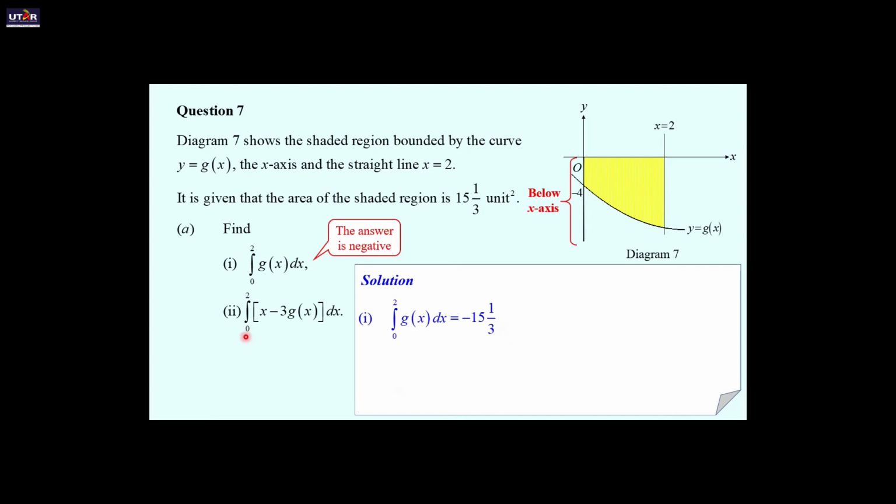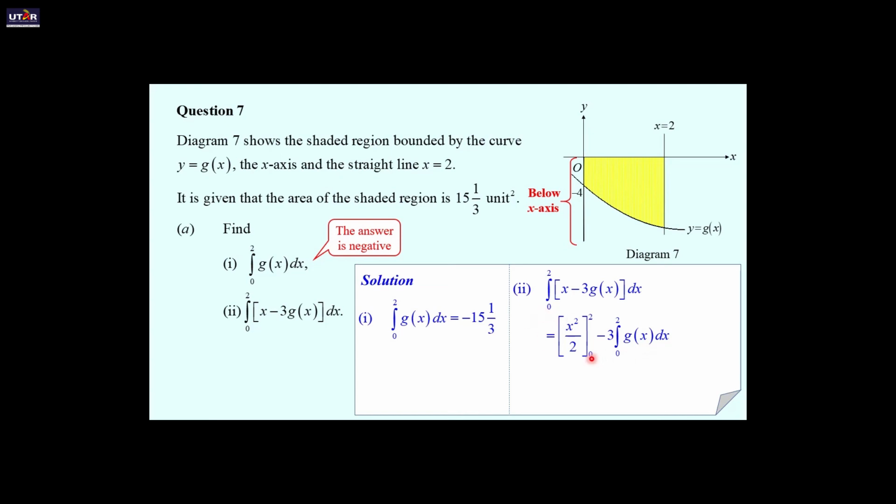Part 2. You are asked to find the integral of x minus 3 multiplied by g(x) with respect to x from 0 to 2. We integrate it term by term. Integrating x with respect to x will give you x squared over 2, minus 3 multiplied by the integral of g(x) with respect to x.